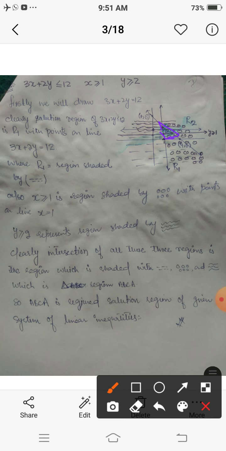So if we mark the end points A, B, C, then the region represented by this system of linear inequations is ABCA, because it is closed, and it is the common portion between these three regions: 3x plus 2y less than or equal to 12, x greater than or equal to 1, and y greater than or equal to 2. So this is the required solution region.